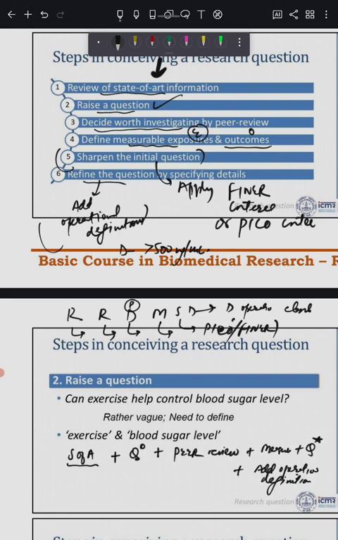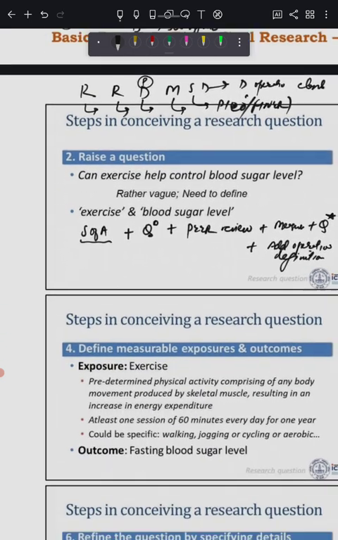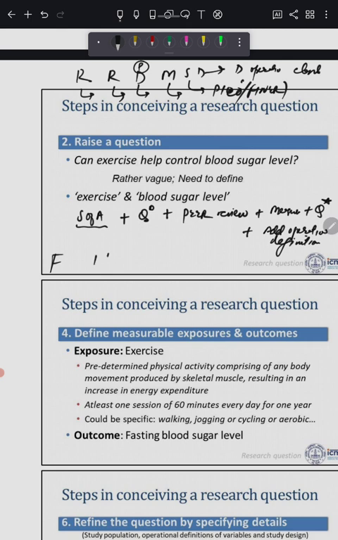So what is this final criteria that you use in research question framing? It's a criteria used to evaluate if the research question is worth pursuing. So what is FINER? F means feasible, I means interesting, it should be interesting.